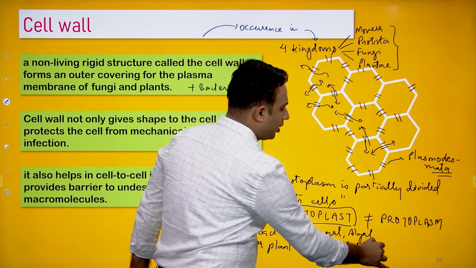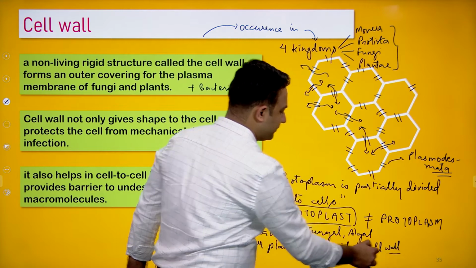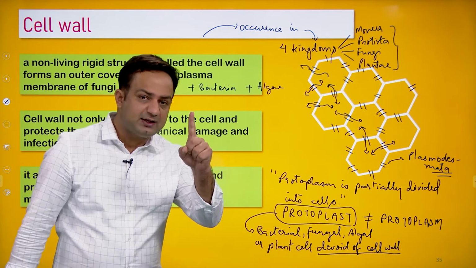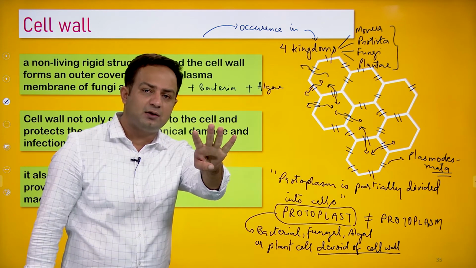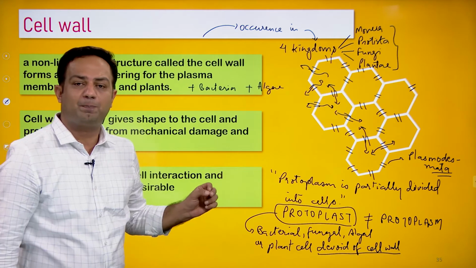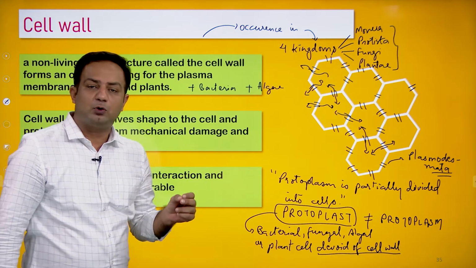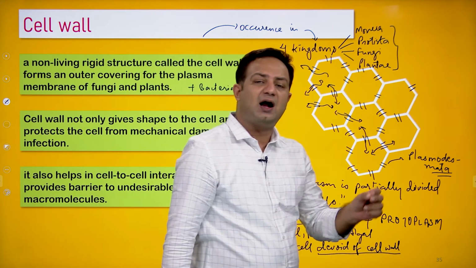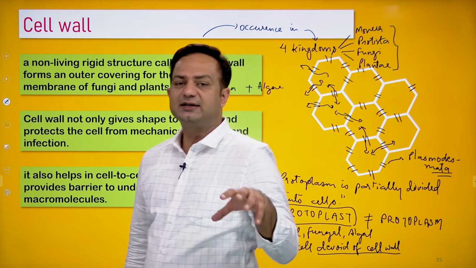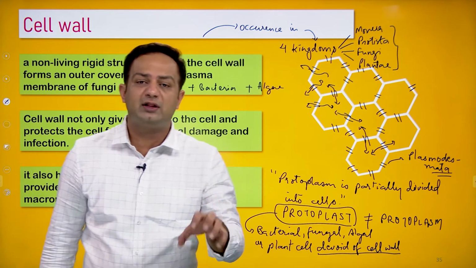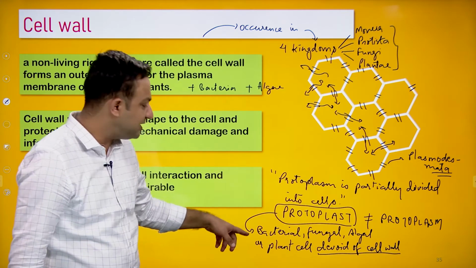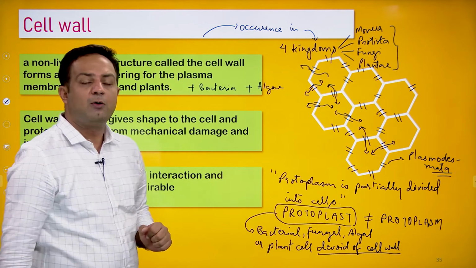If the cell wall of these cells, bacteria, fungi, algae, plantae, got removed, whatever is left behind is mentioned as protoplast. So the word protoplast is applicable to plant-like cells, not the animal cells. In animal cell, the content inside and including the plasma membrane is protoplasm. Whereas in these type of examples, we use the word protoplast.